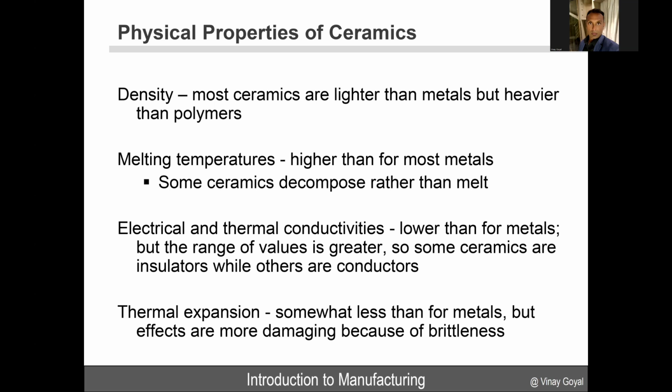Electrical and thermal conductivity is lower than for metals, but the range of values is so great you can use them for a lot of different applications. Some ceramics are insulators while others are conductors, so depending upon what you want to use it for, there is an application for it. The thermal expansion is a little less than metals, but the effects are a lot more damaging because it's a brittle material compared to metal.